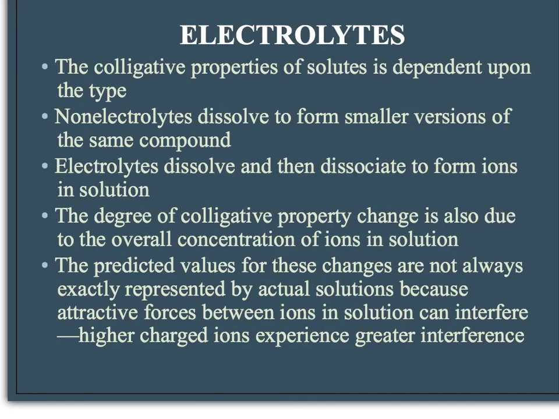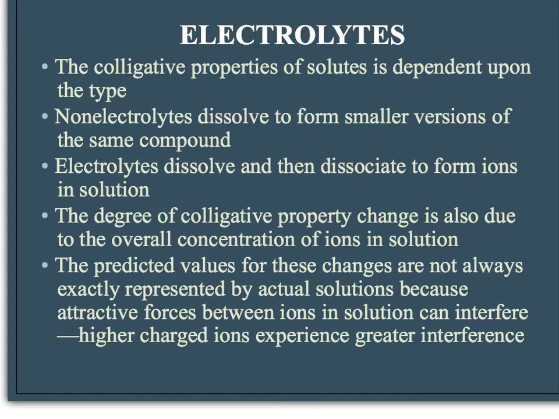So the discussion of salt and water again leads us back to electrolytes. So remember that substances or solutes that tend to break apart into ions, that tend to dissociate, are called electrolytes. Those that do not are non-electrolytes.